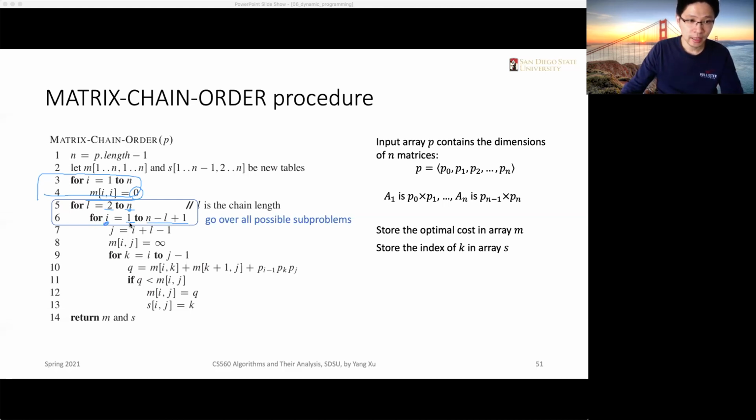I has that many possible positions, determined by L. The larger the window, the fewer possible positions for the left end, because your window is very large, so there are fewer ways to slide it. And of course, J here is determined by I and L. Because the length of the window is L, once you know the left end I, you will know the right end J by adding the window length to the left end.